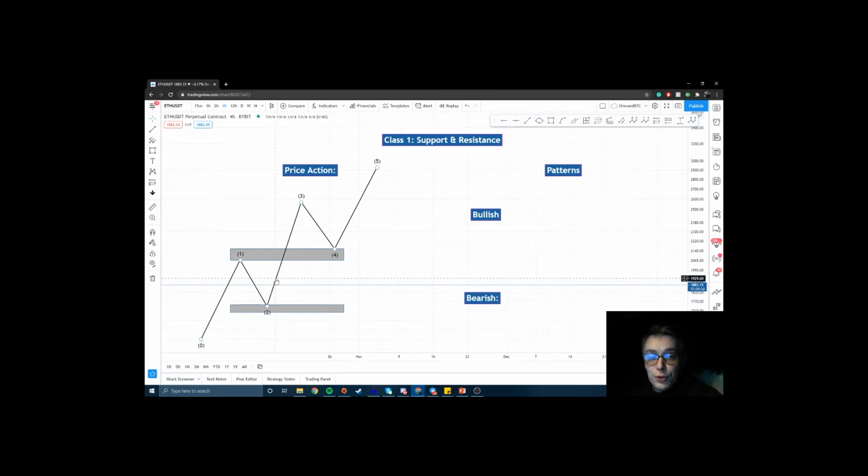Identifying accumulation or distribution patterns is a little bit more advanced of a concept and will probably be covered in module 2 or 3. However, most of the time these patterns are pretty well representative of either being bullish or bearish. So if you are in an uptrend and the pattern is bullish, then the chances are it's an accumulation pattern.